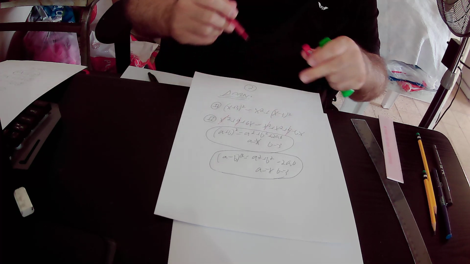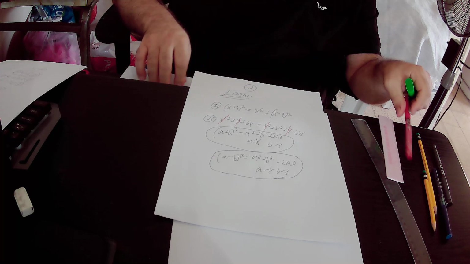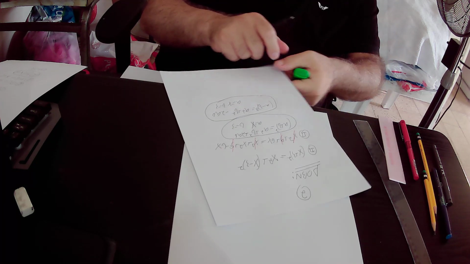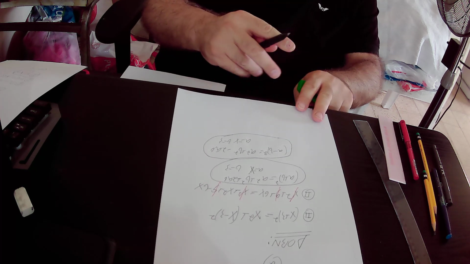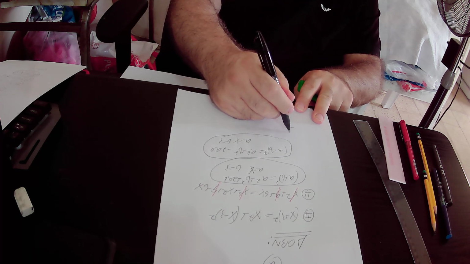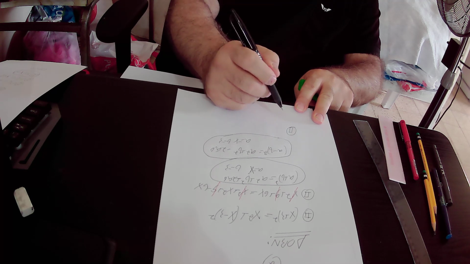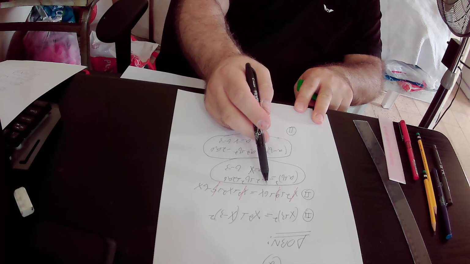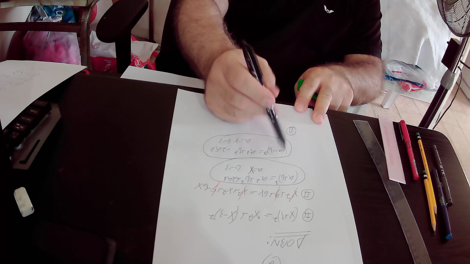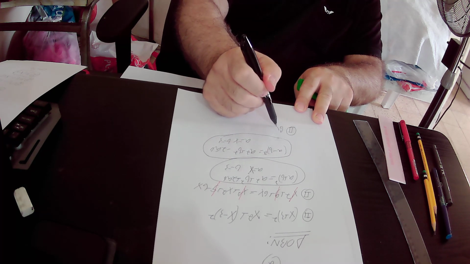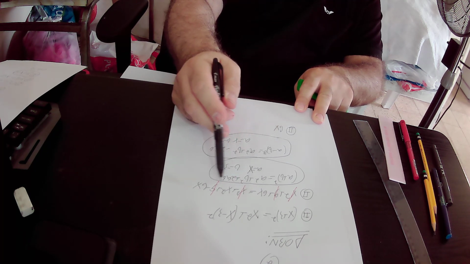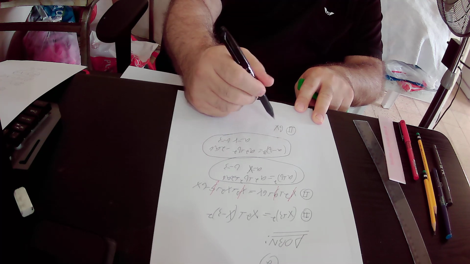And we are left with, on this side of the equation, only 6x, and on the other side what is left is x squared minus 6x.